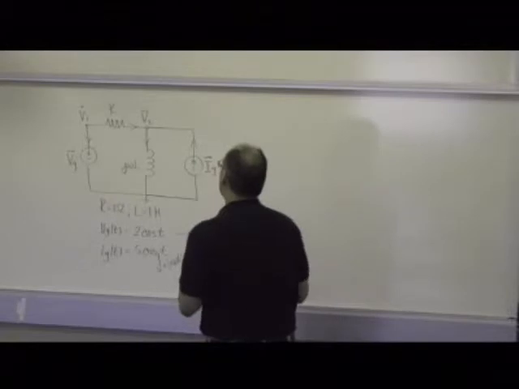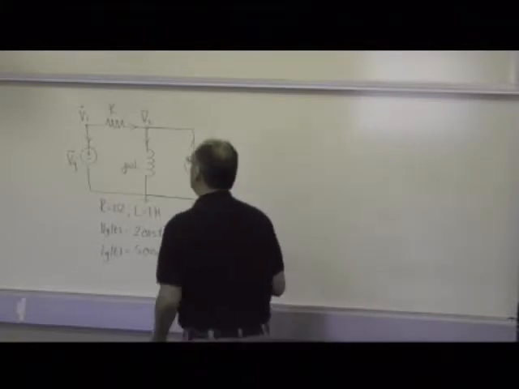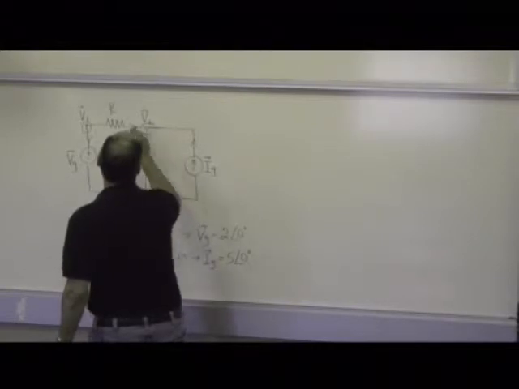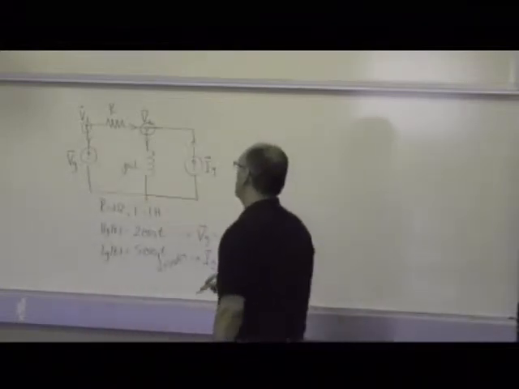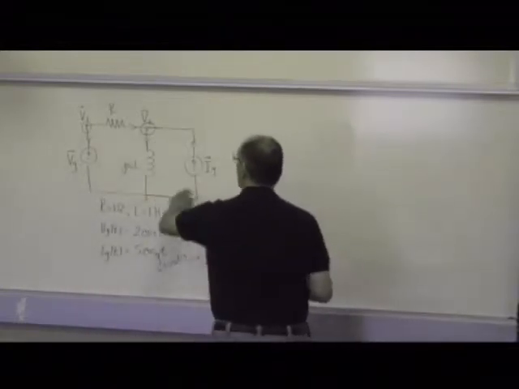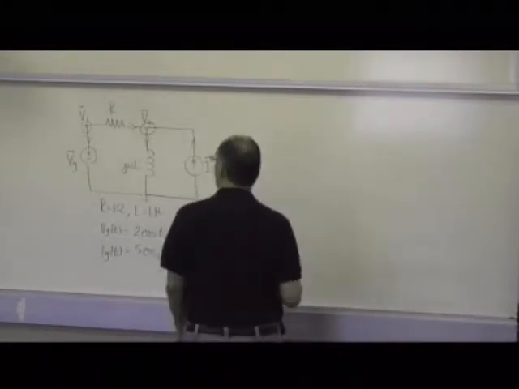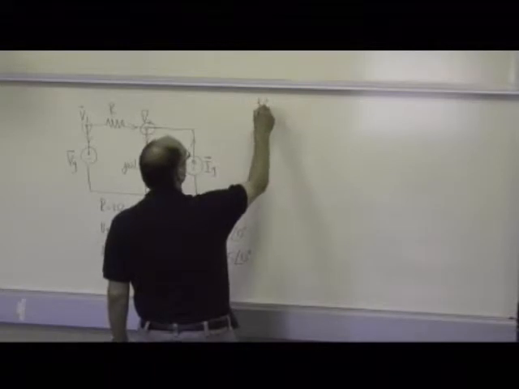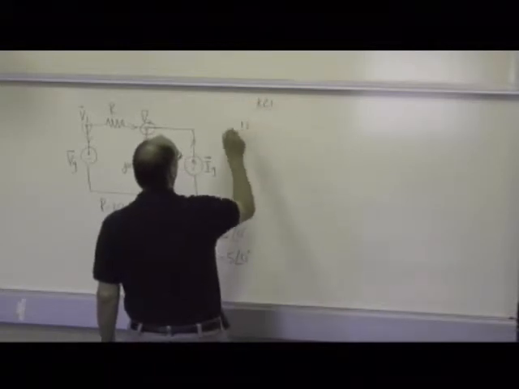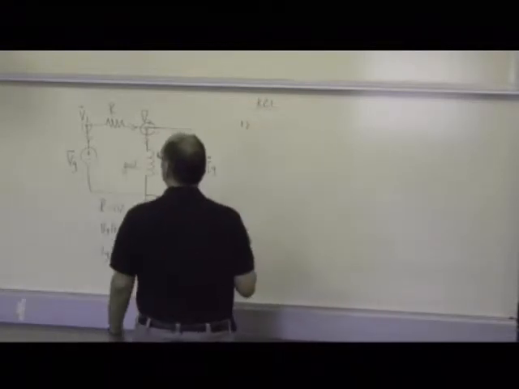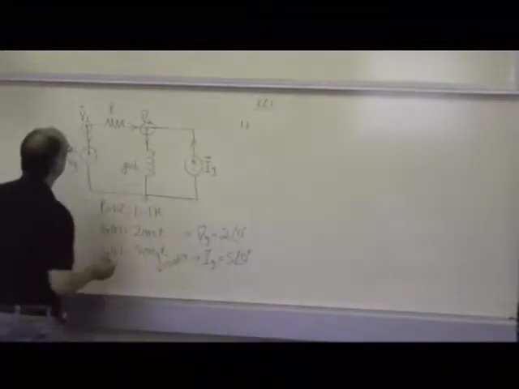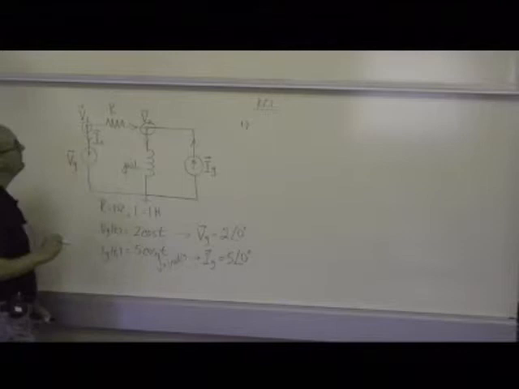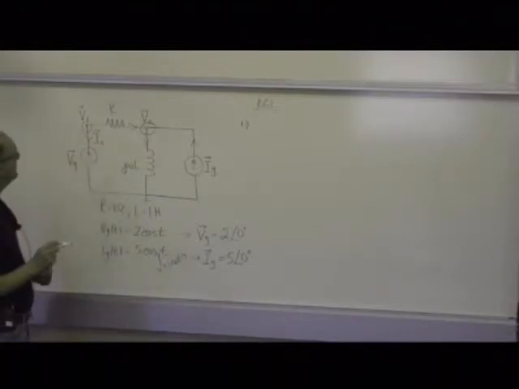All right. So with the node voltage method, what you do is you write Kirchhoff's current law around each of the nodes, except, of course, the reference node. So in this particular case, we have two equations by Kirchhoff's current law. The first one on the left, I'll call this current here I1.